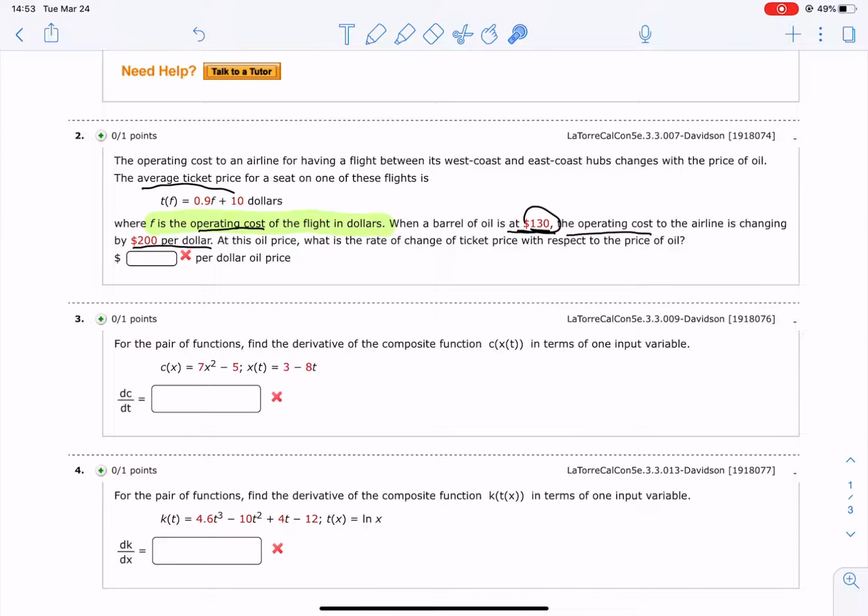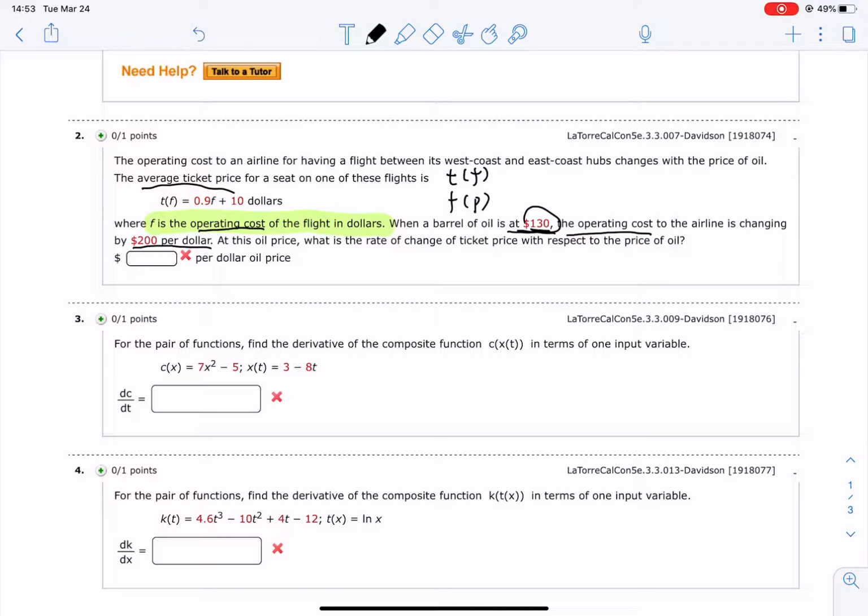When a barrel of oil is $130, the operating cost to this airline is changing by $200 per dollar. Now our first function is T of f, and the second function is about the oil price. Let's say the oil price is f of p, so now we have a function composition.